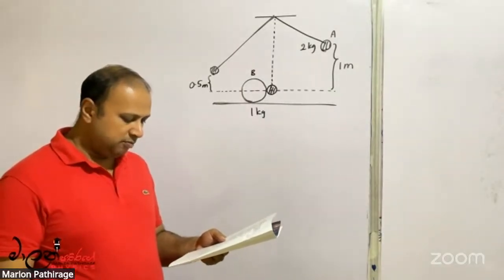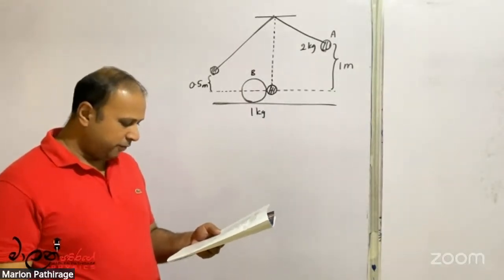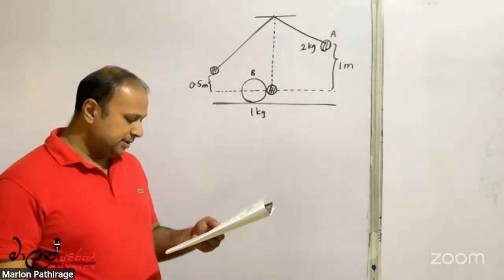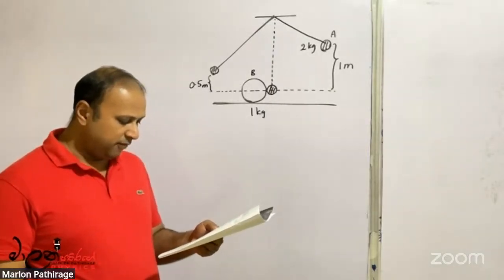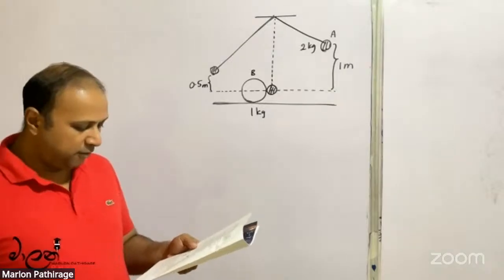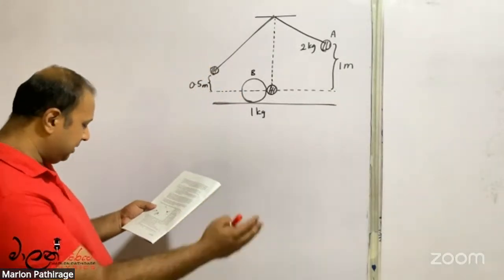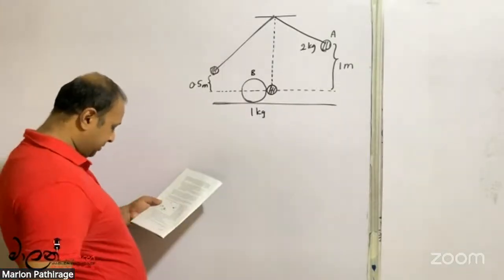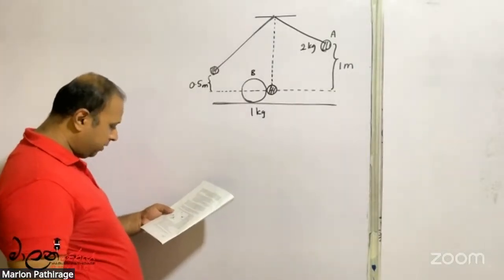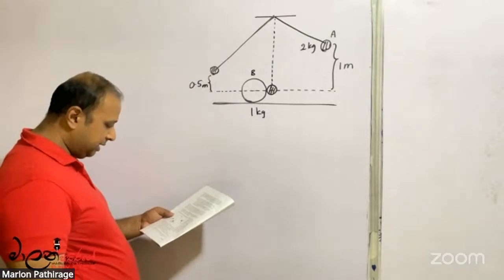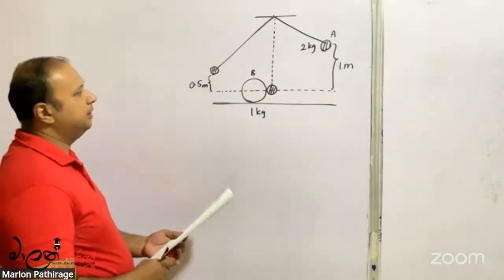After the collision, B slides forward and travels a horizontal distance of 1 meter before coming to rest, while A oscillates forward from its lowest position to a vertical height of 0.5 meter.